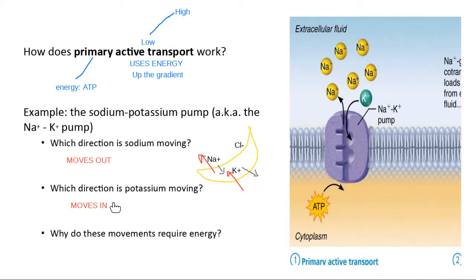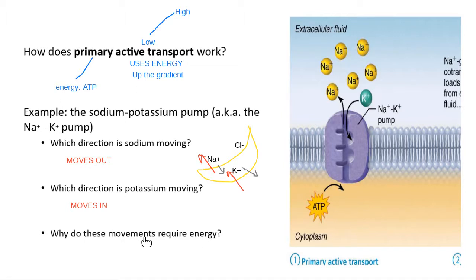Because they're both going the wrong direction, not only do each of those movements need energy, but we need so much energy that I'm going to have to use ATP. Yeah, both of these things are going against their gradient, or both of these movements are going uphill.